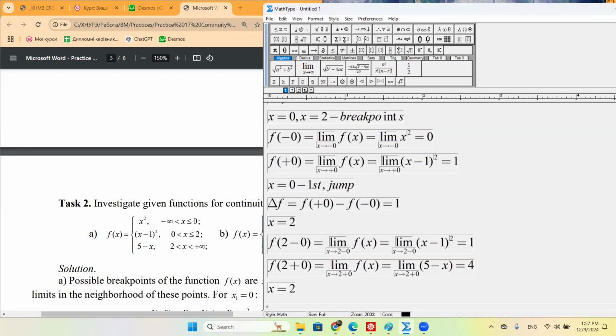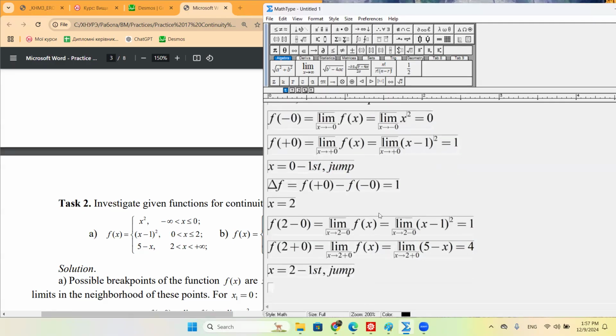The same. Yes, the first kind, and this is a jump of the function, and the value of the jump is another, it equals 3.